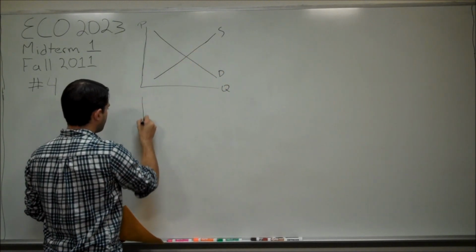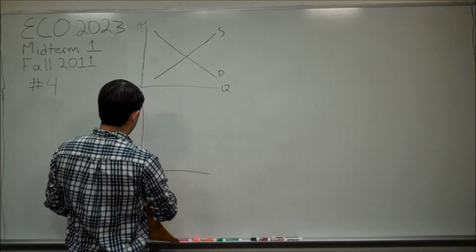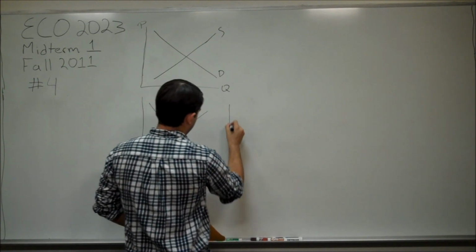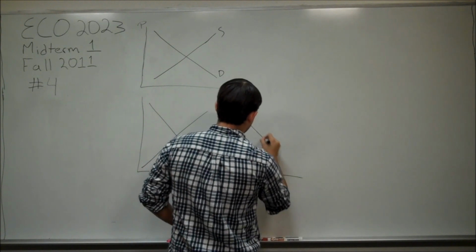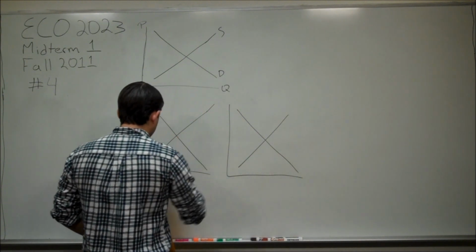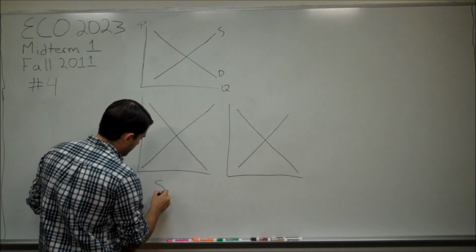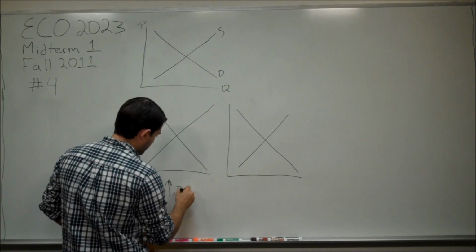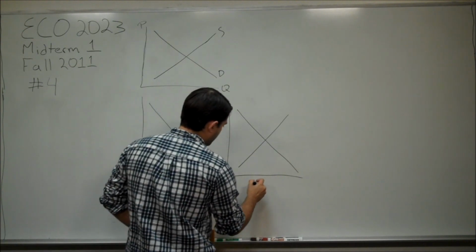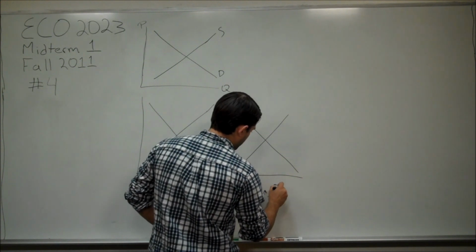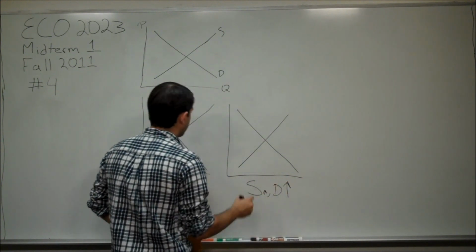So what we do here is we do a mix of both. On this one, we're going to shift the supply curve a lot and the demand curve just a tiny bit. In this one, we're going to shift the supply curve just a tiny bit and the demand curve a whole lot.